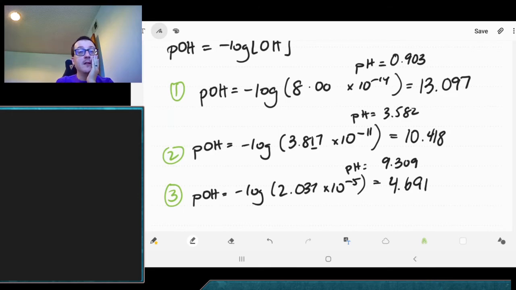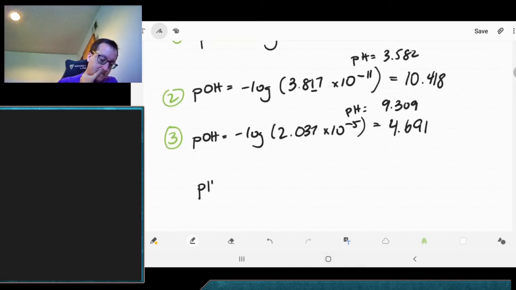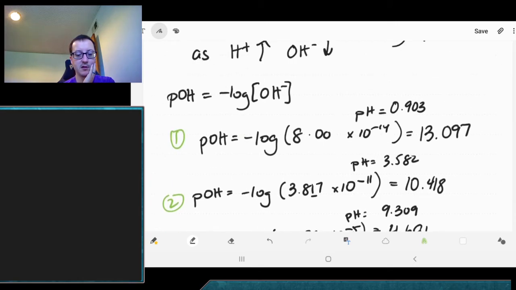Do we notice anything about these? Perhaps what we might notice is that if we add them up, they get to be 14, which is interesting.